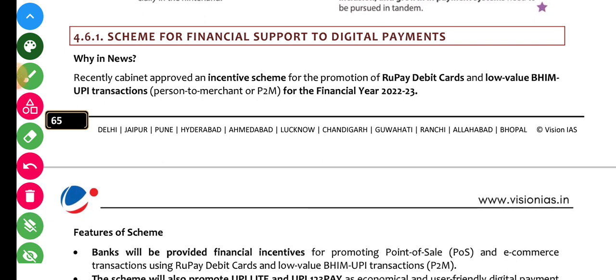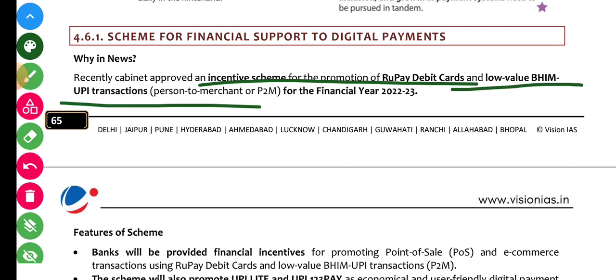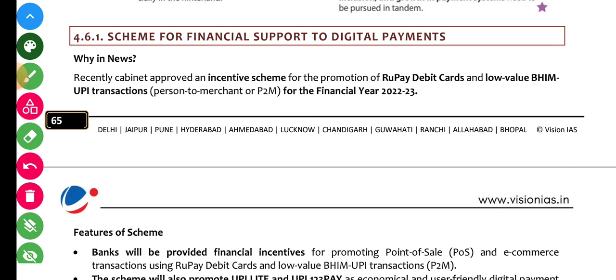Okay, next is the scheme for financial support to digital payments. An incentive scheme for the promotion of RuPay debit cards and low-value BHIM UPI transactions for the financial year 2022-23.